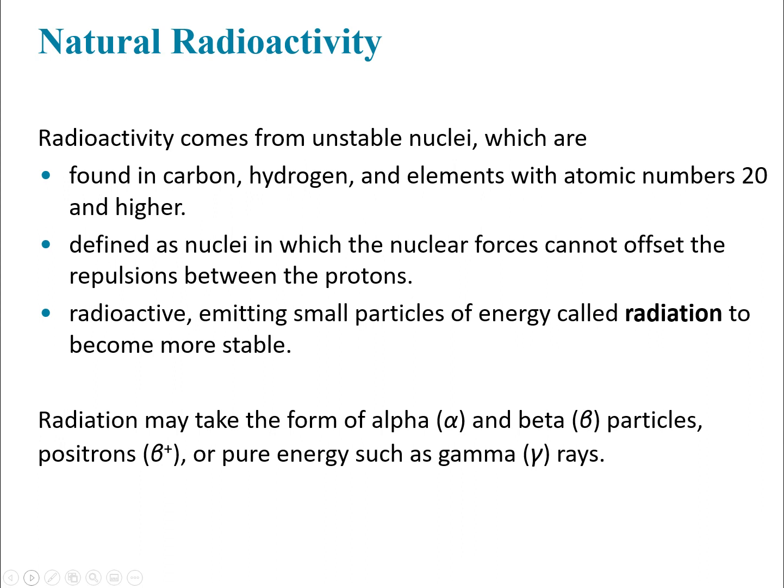Either way, that's what radiation is. And in doing so, that nucleus becomes more stable. The forms of radiation that we'll talk about are below. We've got alpha and beta particles, positrons, pure energy.